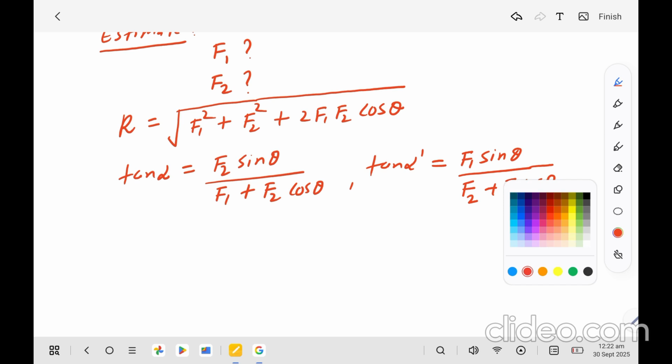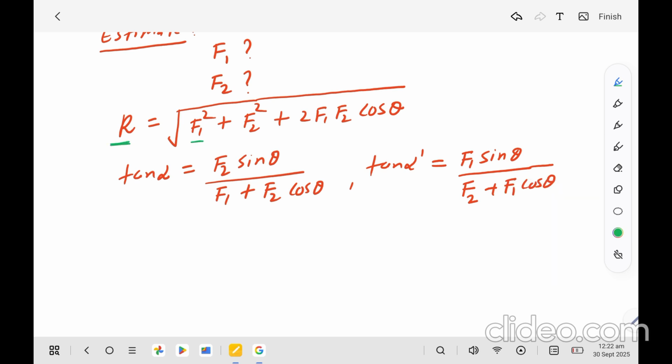So since R is given, if we can establish a relation between F1 and F2, then we can estimate the value of one force from this expression. And since alpha and alpha prime are given, we can estimate a relation between F1 and F2 by using these formulas.